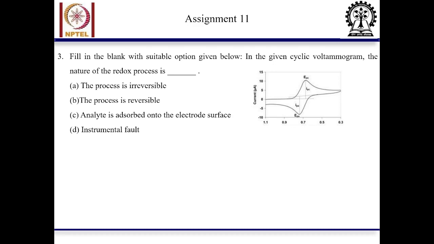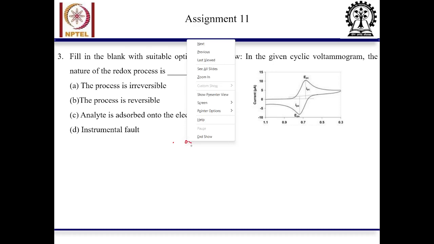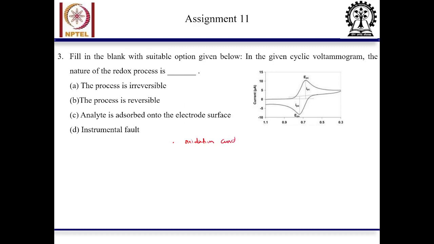Okay, fine. This is a rough way to say that this is reversible, but there are criteria to know whether it is reversible or not. So, what are the criteria for reversibility? First, both the peaks should be there, the oxidation and reduction peak, right?